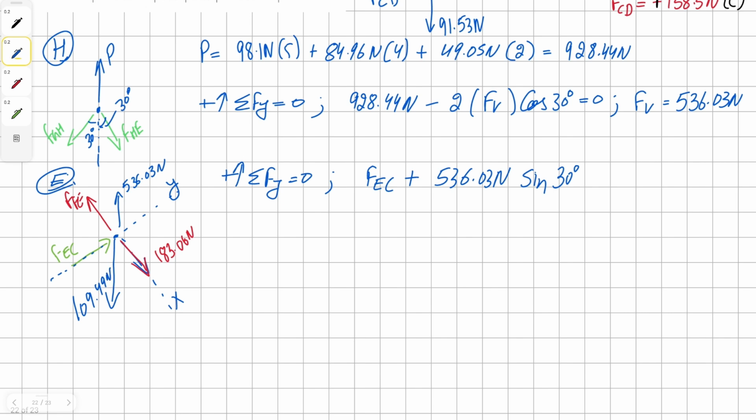And we need the vertical component of this vector as well, and this is going to be negative 109.49 newtons times cos 30 degrees, all equals to 0. Solving for force EC, we get our solution as negative 173.19 Newton. This means we drew our vector in the wrong direction. Switching it over, we get our solution in positive, and this also tells us that this member is in tension.